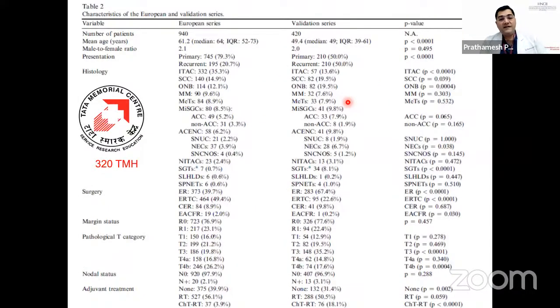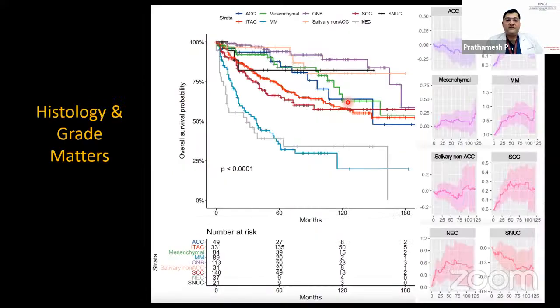Now, when you look at these, you find that the most common tumors are the adenocarcinomas, and in most series, they are non-squamous. So when you look at all these histologies, you realize that the ones that do very well are the adenocarcinomas, and the ones that do poorest are the melanomas and the squamous cell cancers.